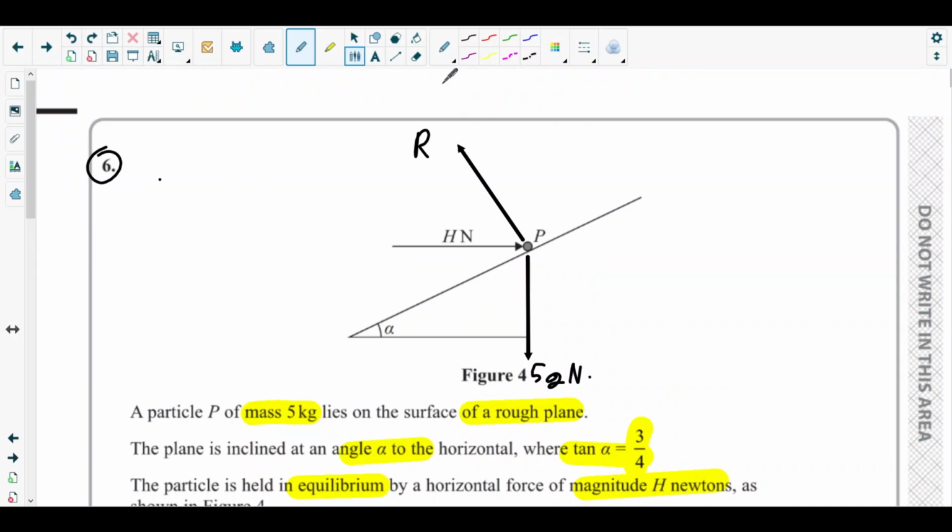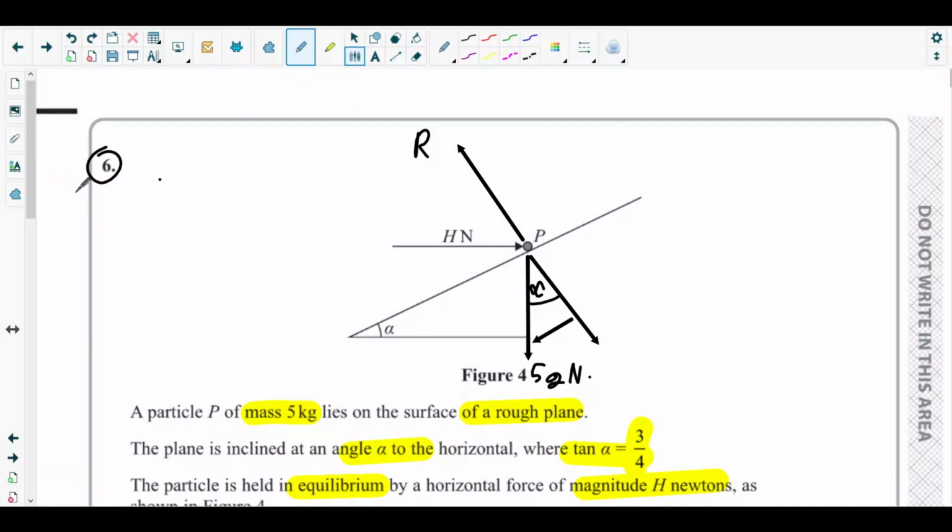And the component of weight perpendicular to the plane is that one. So the angle between that component and the resultant, that is weight, is alpha. And the component parallel to the plane is that one.